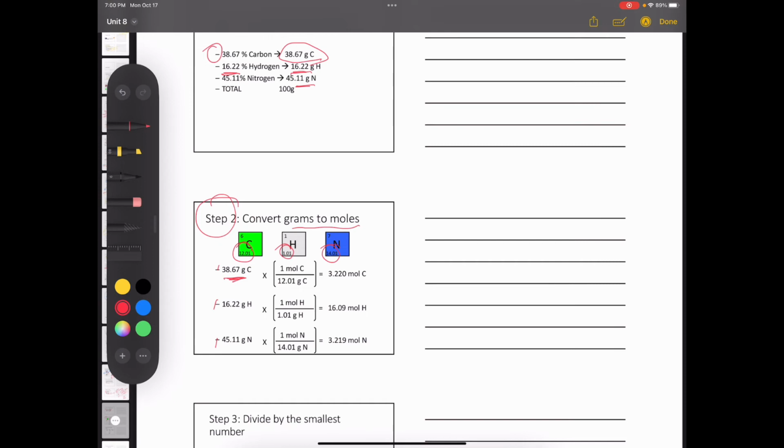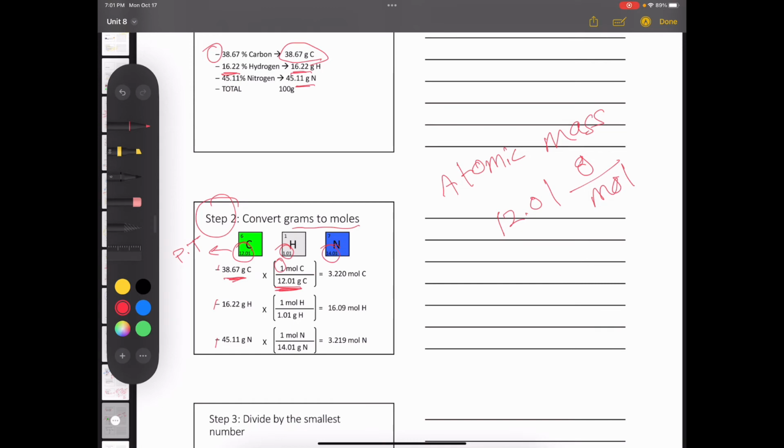Now, from the periodic table, every 12.01 grams of carbon equals 1 mole. Remember, the atomic mass for the elements from the periodic table is in grams per mole. It is 12.01. That's how you would write it generally.